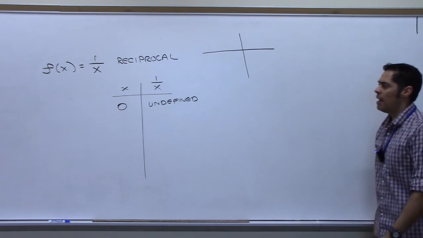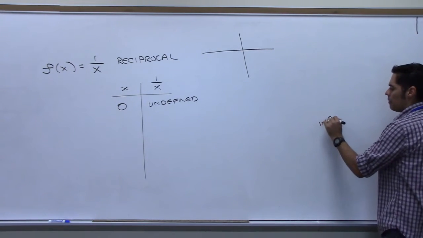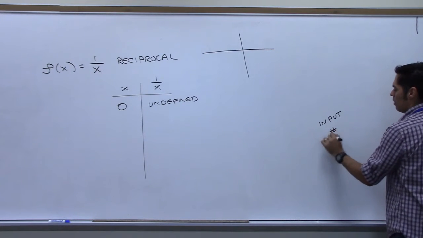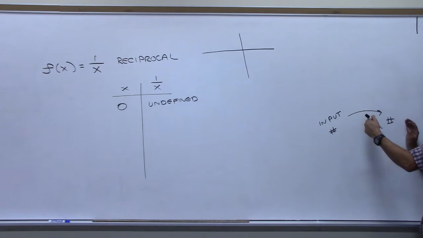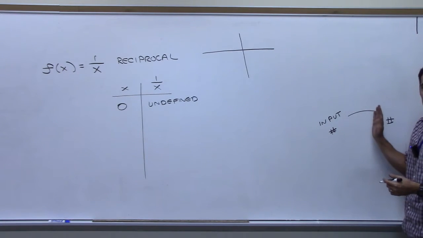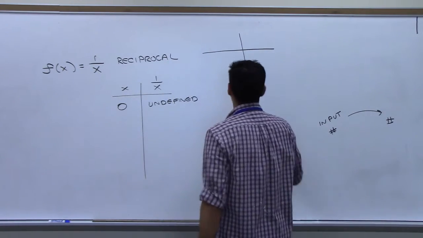No, because that would be saying input, output, right? You have input is a number, then the function's going to throw output. You're saying that what's coming out of this is the empty set. That's kind of strange. Nothing comes out at all because the function can't even handle that. So, undefined.